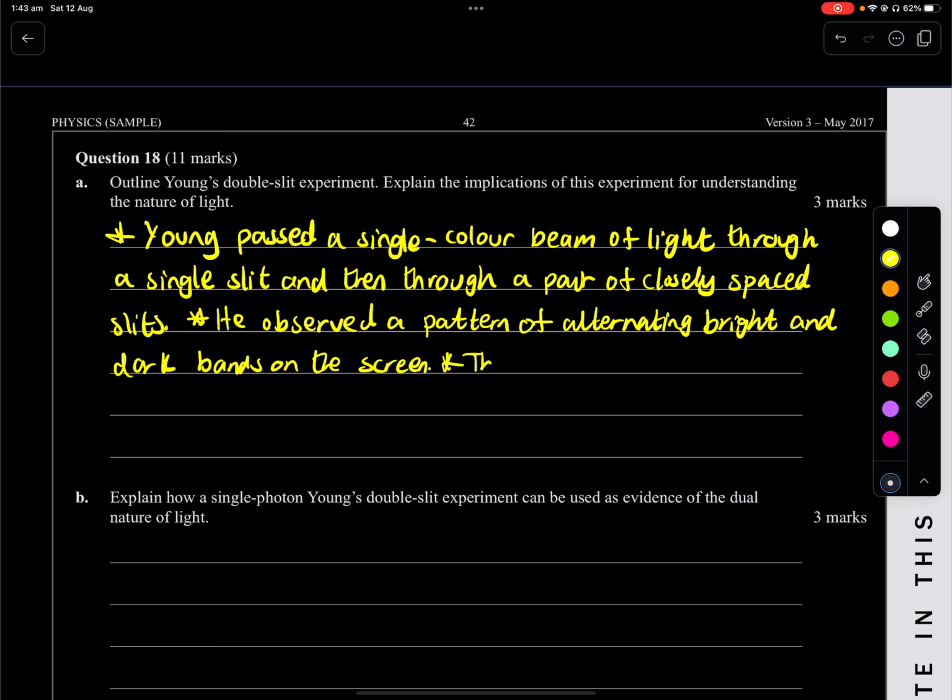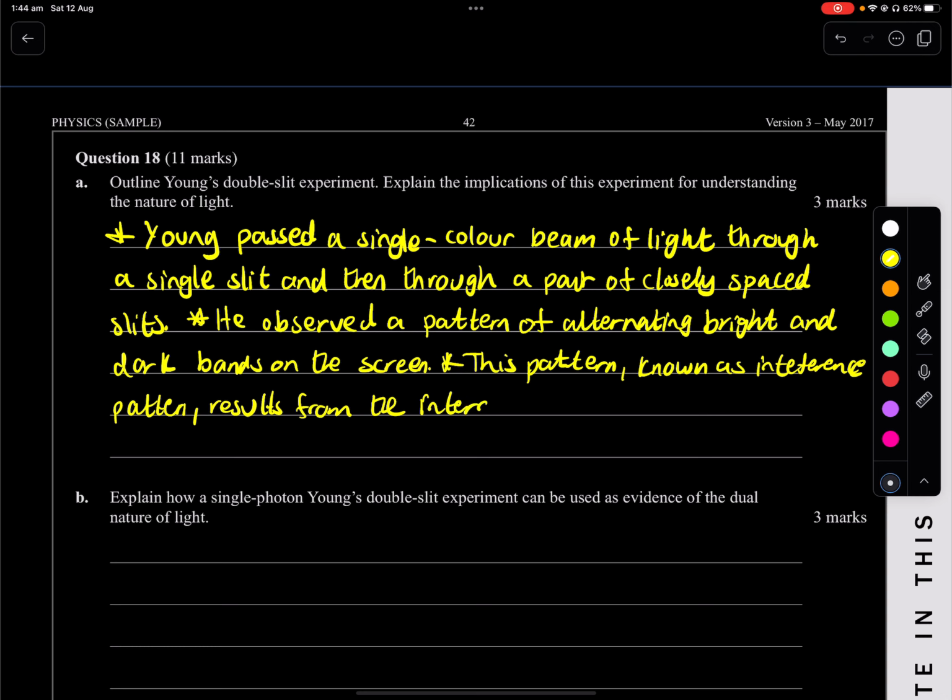This pattern, known as an interference pattern, results from the interaction of two light beams, each originating from one slit.